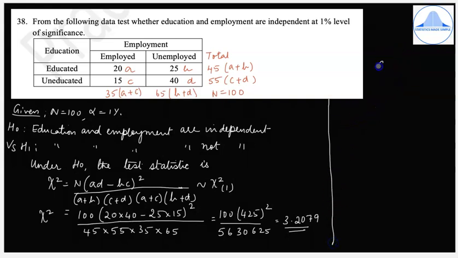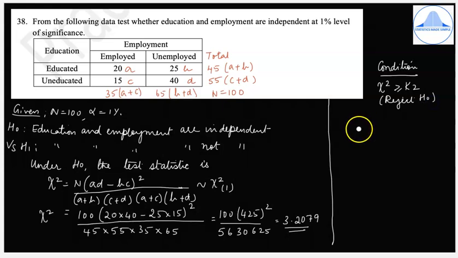Now the condition which we use for the chi-square test for independence of attributes: here H1 is actually a right tail test. So you have to check whether chi-square is greater than or equal to K2. If this condition is satisfied, you reject H naught.